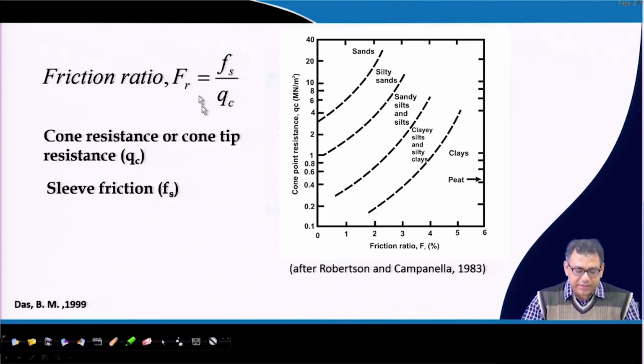So, if I get this ratio Fr, and I know the cone resistance QC and the friction ratio Fr, then we can identify which type of soil it is. It can be clay, clayey silt or silty clay, sandy silt, silty sand, or sand. So, if it is in this zone of friction ratio and cone resistance, then it will be sand. This way we can identify the soil also.